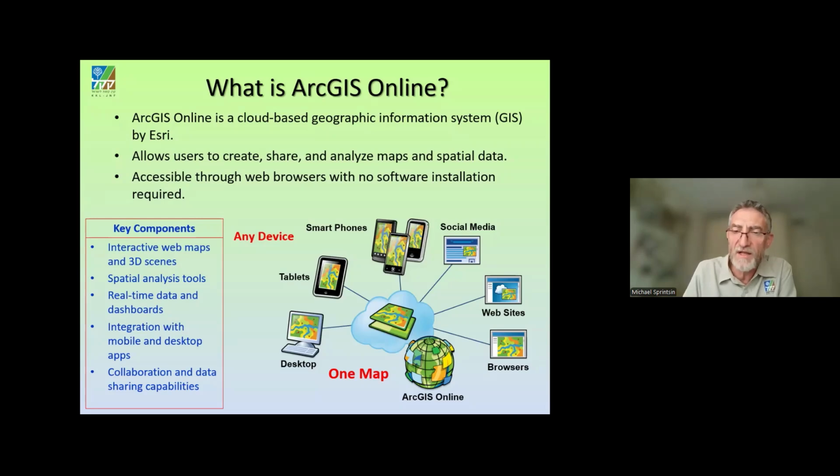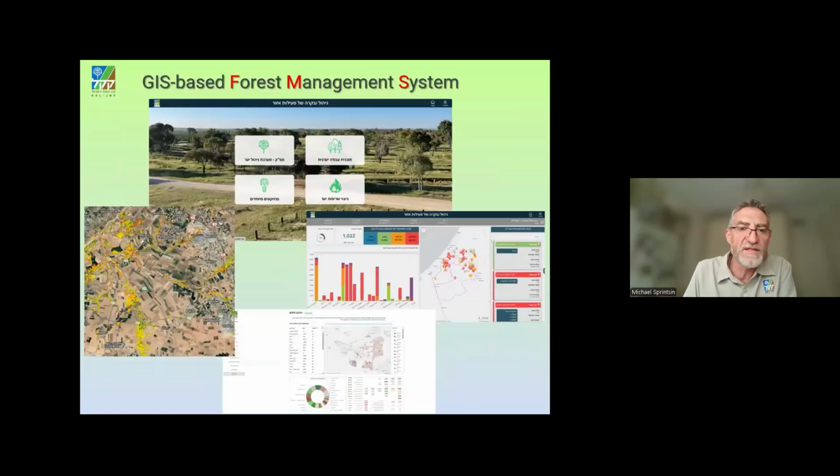It is the next generation of ArcGIS and is in very intensive use in KKL, and it is the basis on which we build our forest management system, which combines all that we have discussed here today: mapping, inventory, ecosystem monitoring, and fire detection.